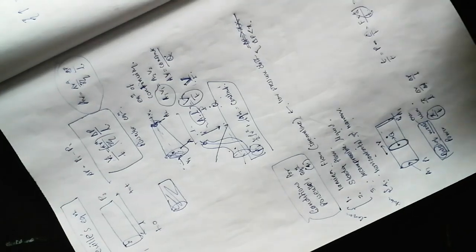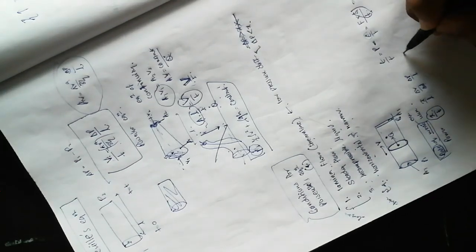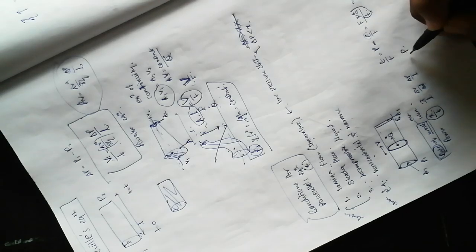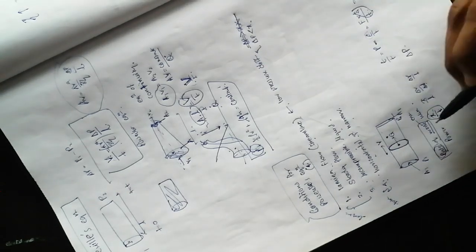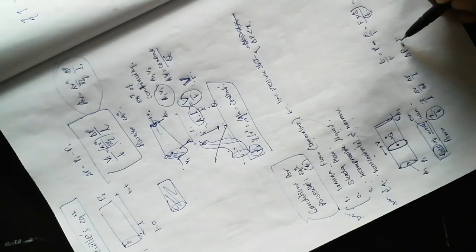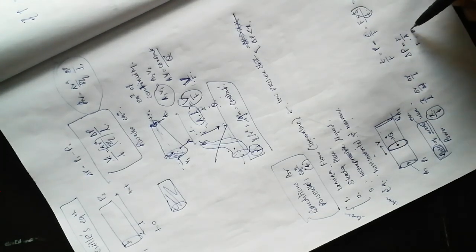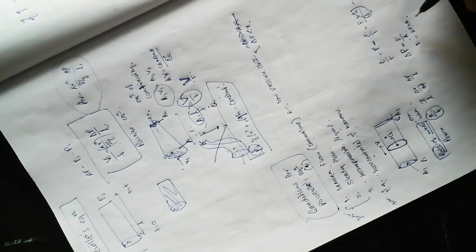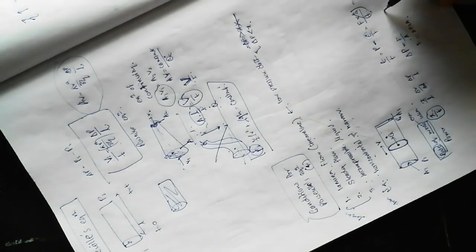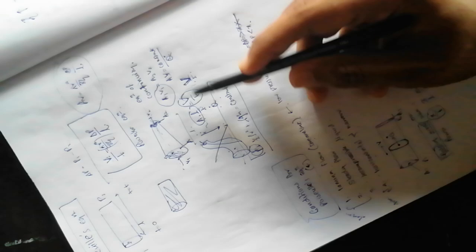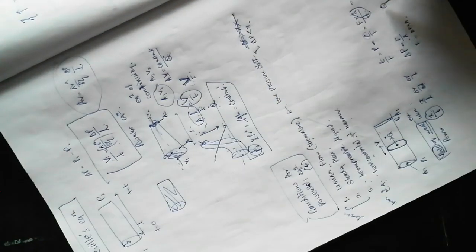Now, what is pressure? Because of the pressure difference only, the liquid is moving. Pressure difference is force exerted per unit area. If you take force as the subject, force equals delta P into area. And I told you the equation of continuity: Q dot equals AV.